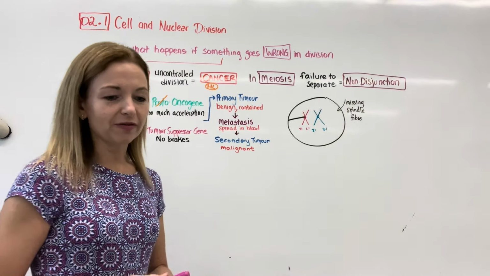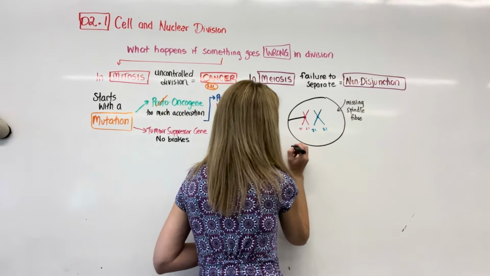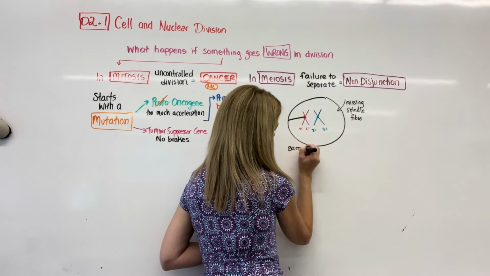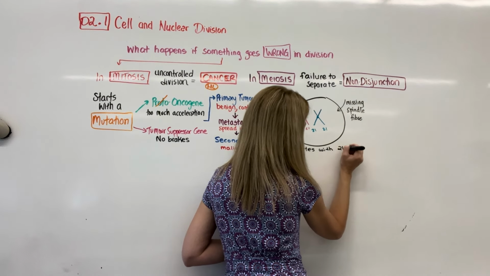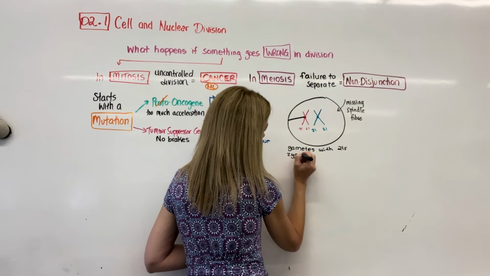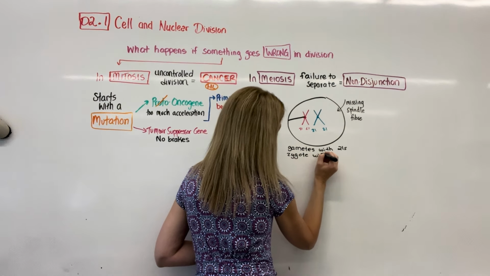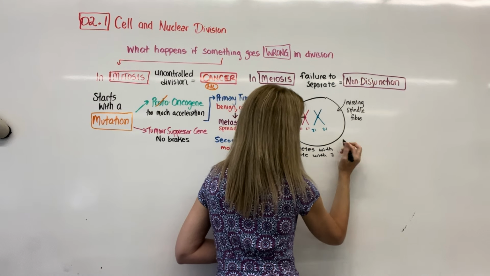So the result of that is going to end up being, in the long run, you're going to have gametes with two 21s in this case, and then if fertilized, the zygote would have three 21s. Sorry, I didn't actually write the word two.